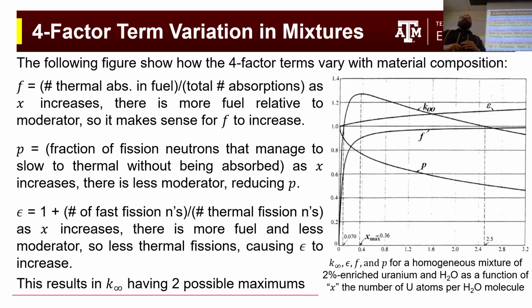The next thing: we did all of this so that we could start talking about how these different terms in our four-factor equation, how we can think about them when we have a heterogeneous system. So this is a plot showing all of these factors as a function of x, where x represents the ratio of fuel to moderator. When x is 0, we have no fuel and only water.